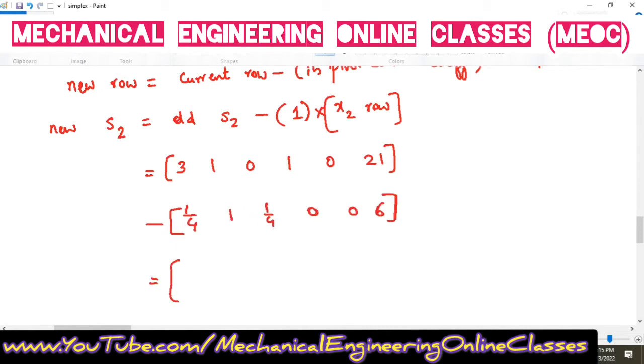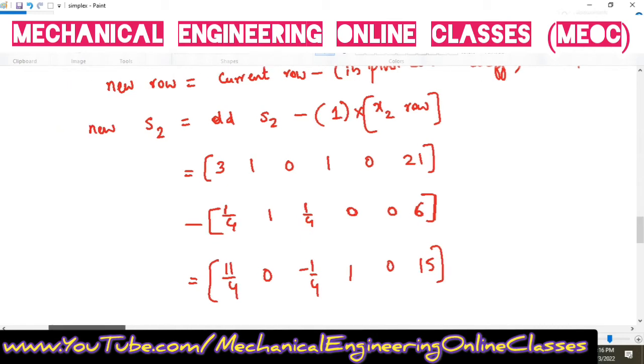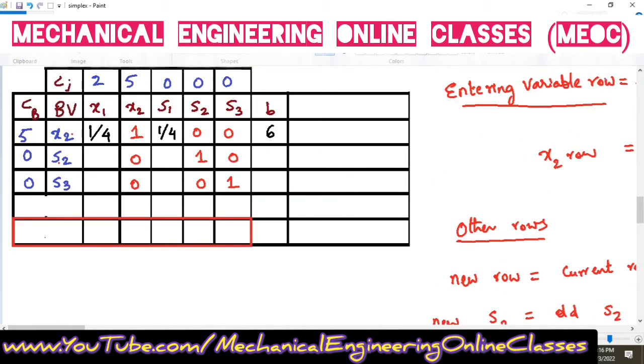Then we have 3 minus 1 by 4 is 11 by 4. 1 minus 1 is 0. 0 minus 1 by 4 is minus 1 by 4. 1 minus 0 is 1. 0 minus 0 is 0. 21 minus 6 is 15. So now we have the new S2 row. Let us write this in the simplex table: 11 by 4, 0, minus 1 by 4, 1, 0 and 15.